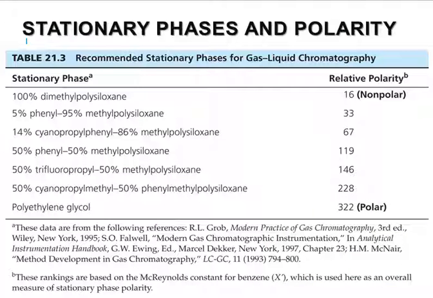The ones up here at the top, the 100% and 5% dimethyl and phenyl, those do separate mainly on boiling point. But the more polar I get, the more chances of me finding out it's not boiling point related at all anymore. So that's the purpose, and that's why we have so many of them.